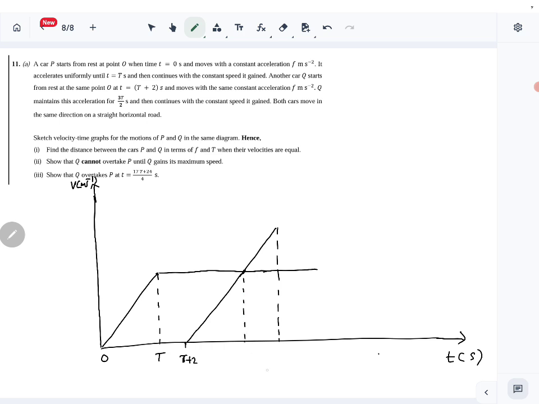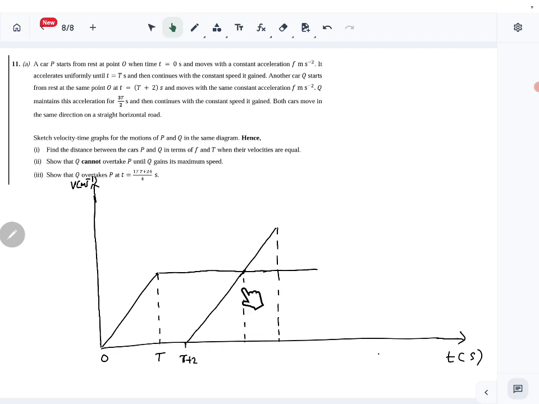So these times are what? Now, P has acceleration up to this speed, which takes capital T time. So this time also should be what?